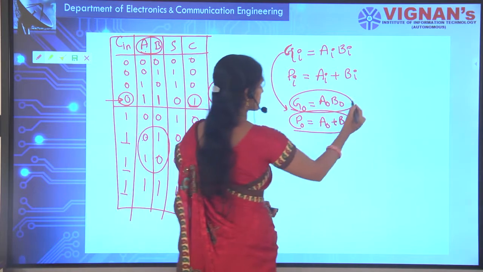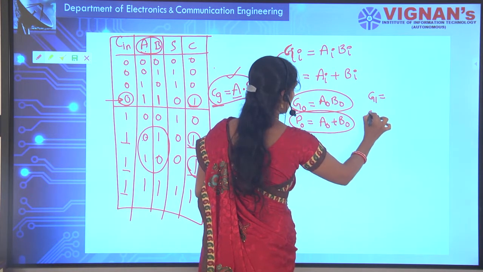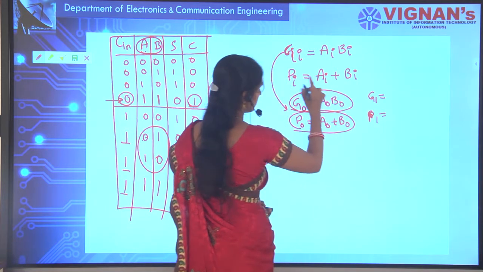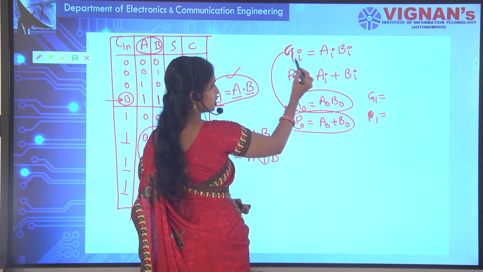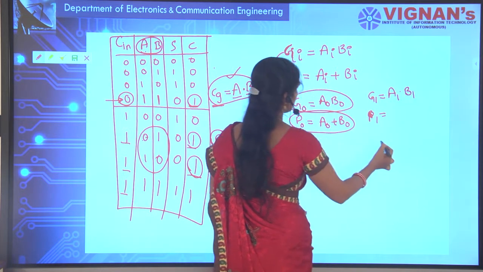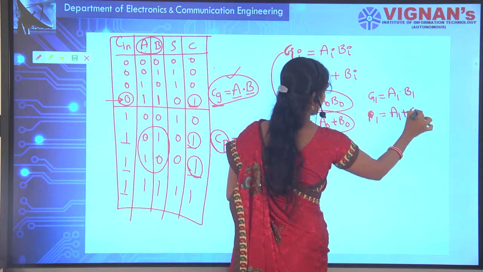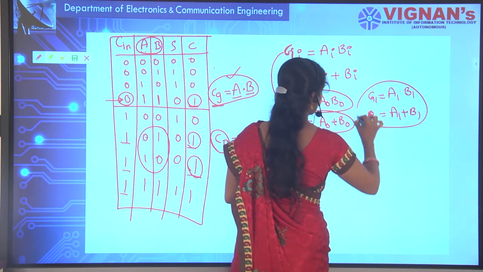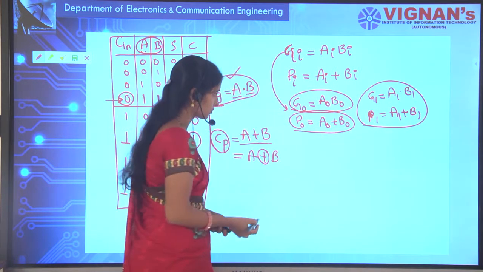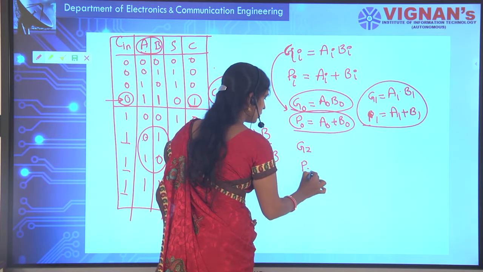Next, how are G1 and P1 used? Let's see here. G1 will be A1 into B1, and P1 is A1 plus B1. This is your G1, P1. Similarly, what will be your G2 and P2?